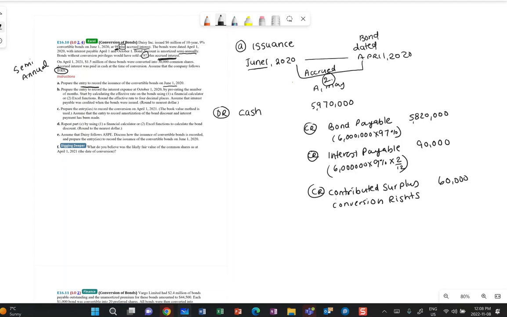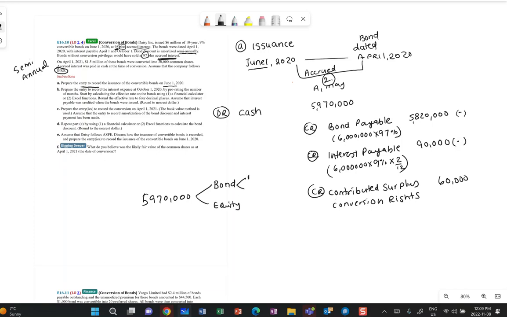So in other words, this is your debit, and then you subtract the amount for your bond and the value for your interest payable, and the leftover will be equity. Like we learned, the cash they paid, 5,970,000, part of it belongs to your debt and part belongs to your equity.